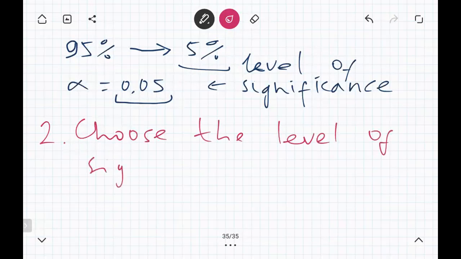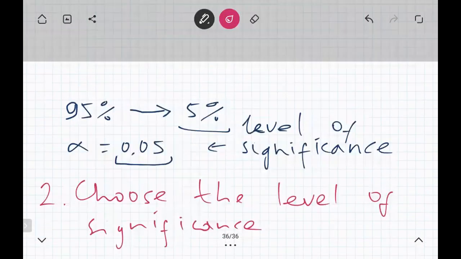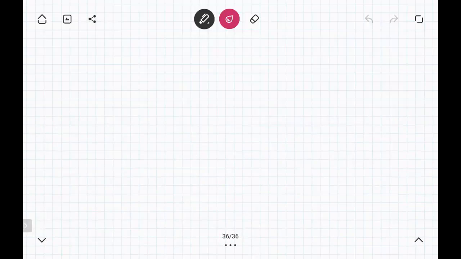And let's take a deeper look at that thing we call significance. So we have our null hypothesis H0. It can be true or it can be false.